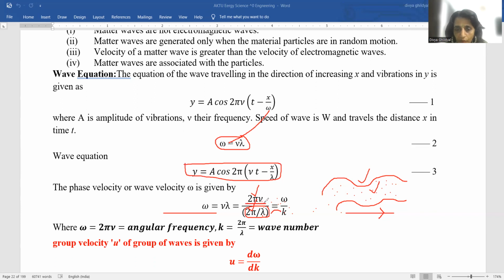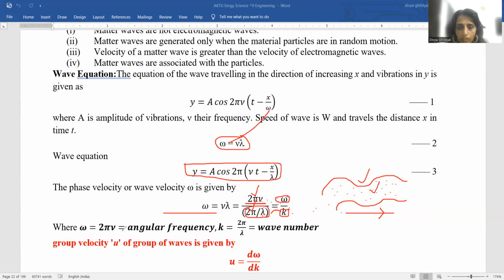This is linear frequency. It will be equal to angular frequency omega, and 2 pi by lambda is wave number or wave constant equal to k. How did I get it? Omega is mu into lambda, and I have multiplied and divided by 2 pi, which I can do mathematically, and I have written it in terms of wave number.